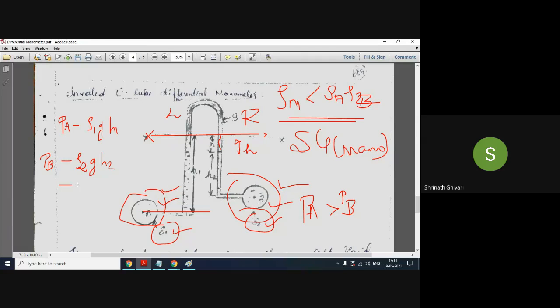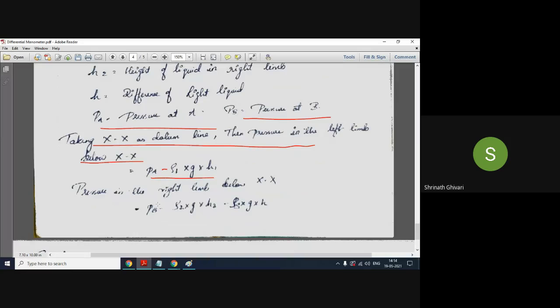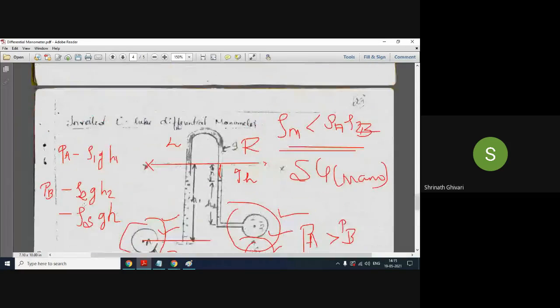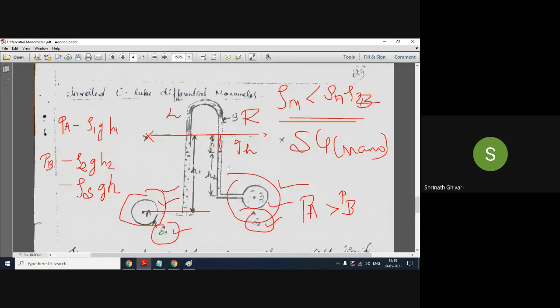We have taken the density of the lighter liquid as rho S. So the pressure is PB minus rho 2 g H2 minus rho S g H. Rho S is the density of the lighter liquid. Is this right? Any doubts? H from where to where? I'll tell you, wait.